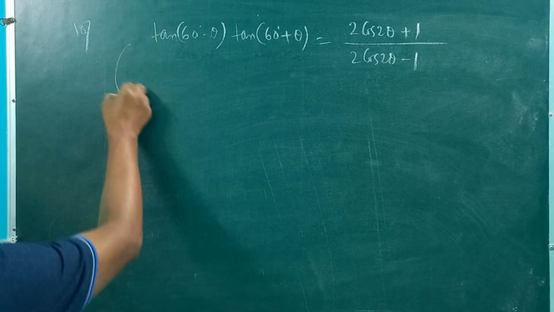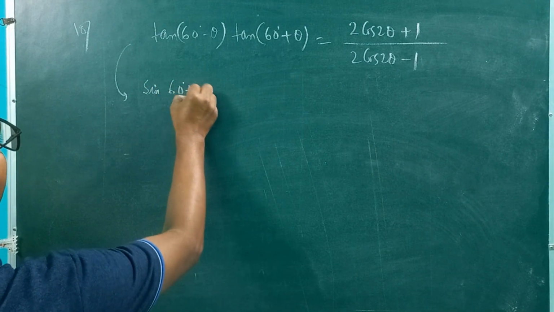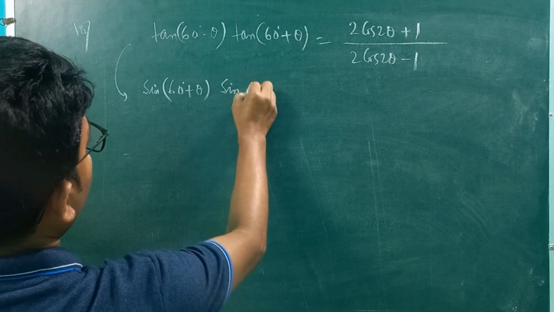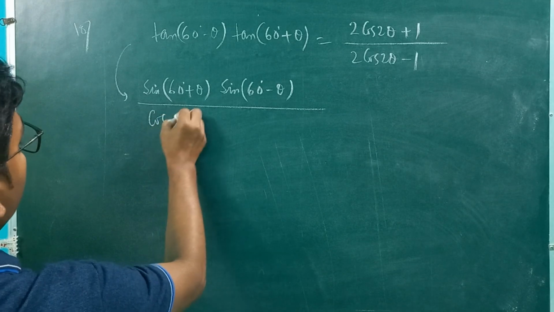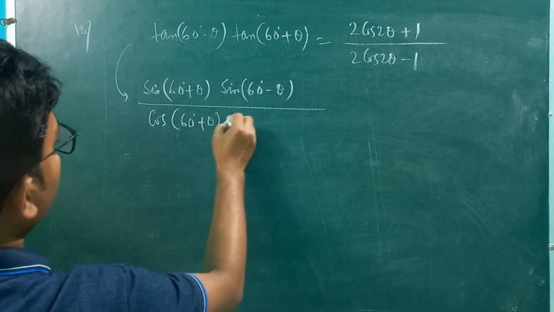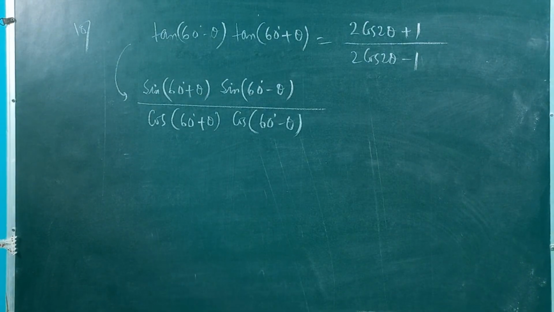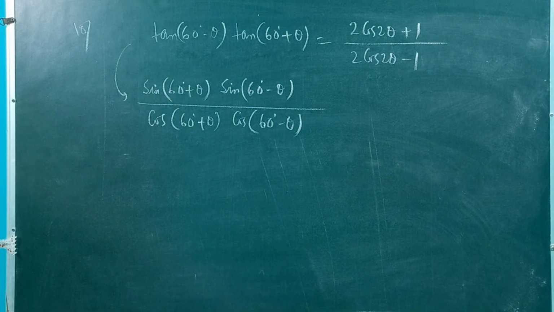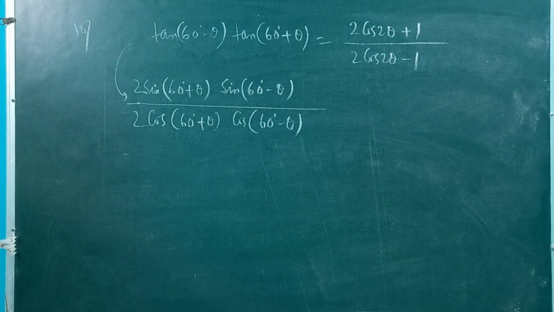So I can write them in this form. Sine, I write 60 plus theta in the first term, sine 60 minus theta by cos 60 plus theta, cos 60 minus theta. So I will convert this product into sum, and so I adjust 2 here. In the numerator and denominator you can multiply 2.